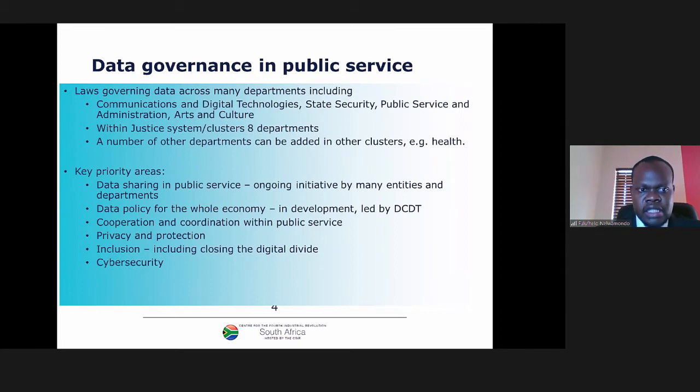In the public space, what came in as very strong priority areas, summarized on this slide, were data sharing in public service, aspects of data policy for the whole economy, cooperation and coordination within the public service, privacy and protection, inclusion, and cybersecurity. Because again, once data falls in the wrong hands, we have to make sure that people's information is not compromised.